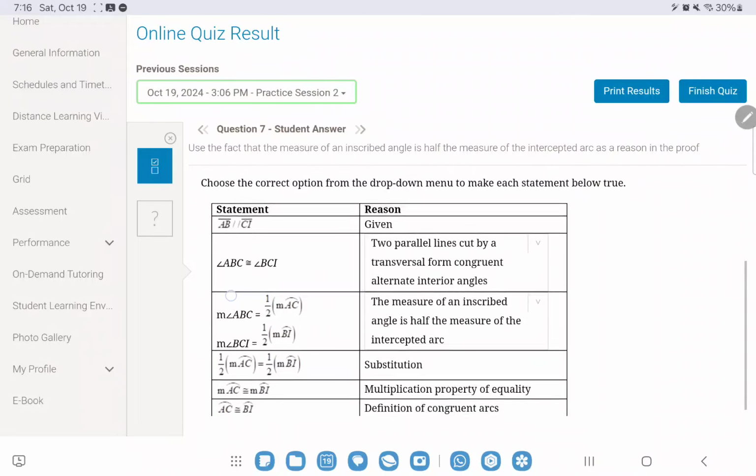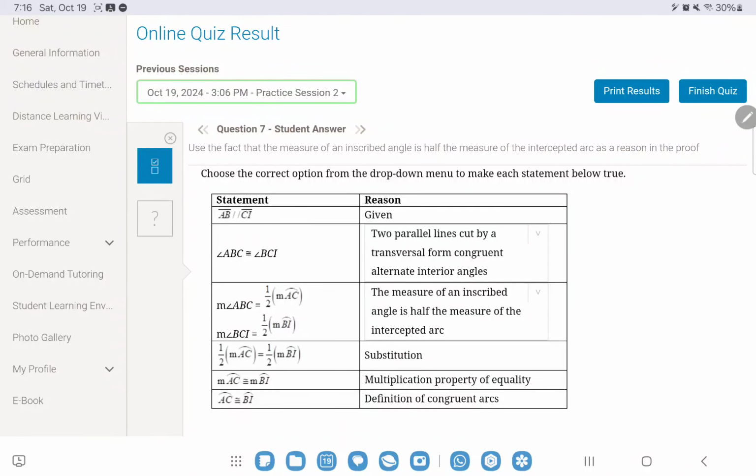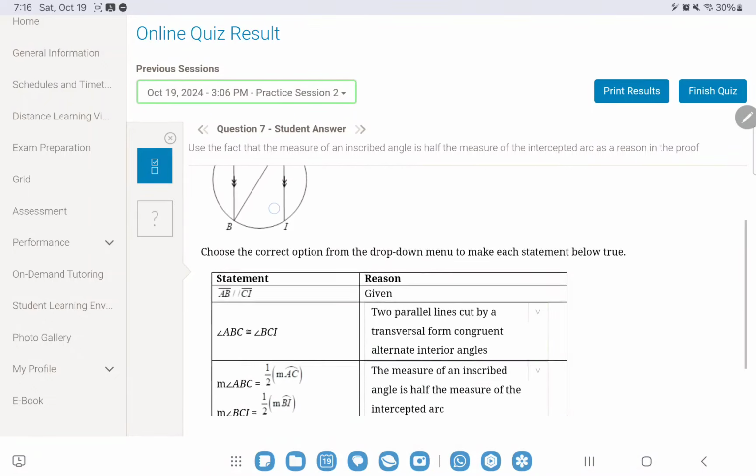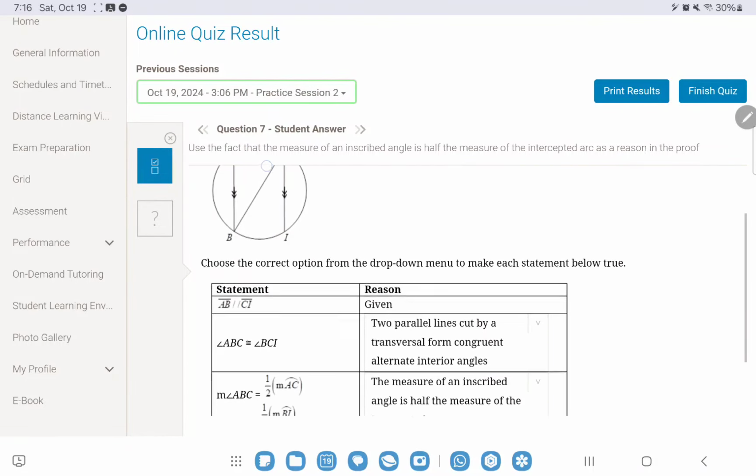Now ABC equals half of AC and BCI equals half of BI. The only reason that they gave you that has the word half, the measure, is this one. So this one's pretty logical, because we know that angles are equal to half their intercepted arc.